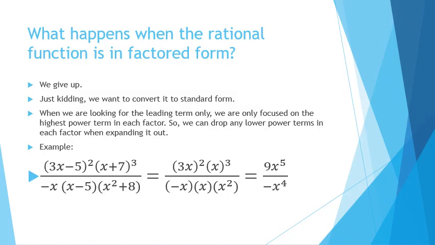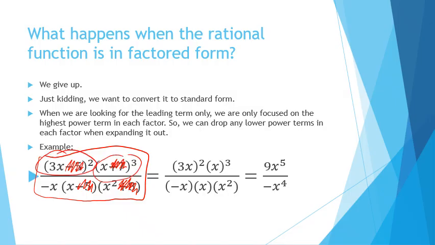So when we're going from factored to standard form, if we have this polynomial as an example, we can take each term and drop any lower power inside the parentheses. And we basically then have 3x squared times x cubed. That negative x stays there, times this positive x times x squared.